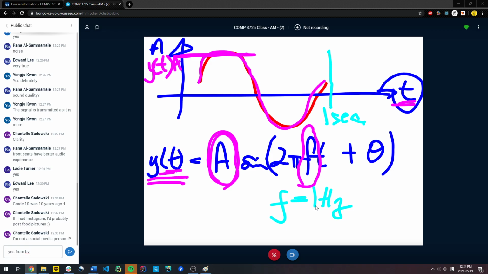And then the theta here tells you how much, with reference to time equals 0, your sine wave has shifted. So really, these are the only 3 things I want you to know about sine wave. And if this is very foreign to you, Appendix E.1 will give you a much clearer repetition of what I just said.